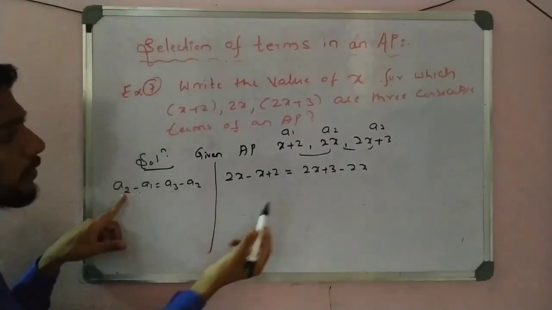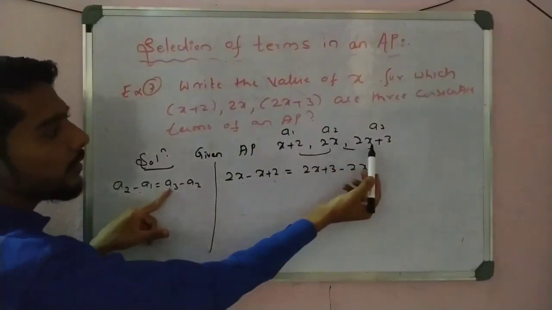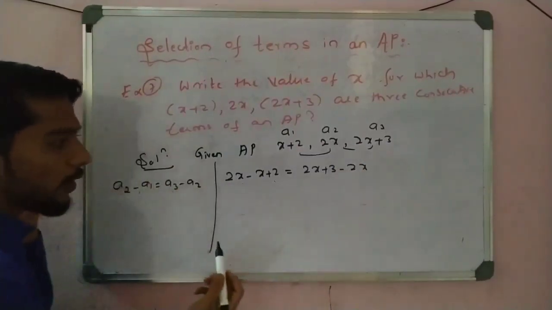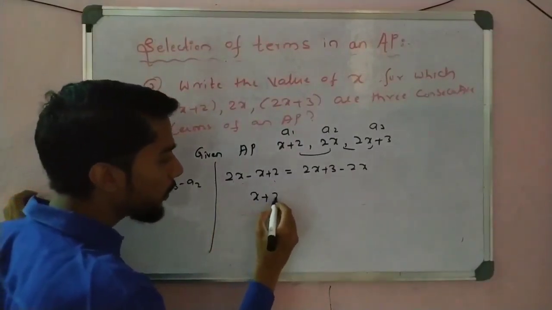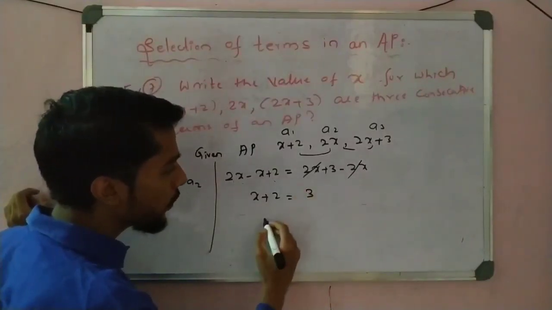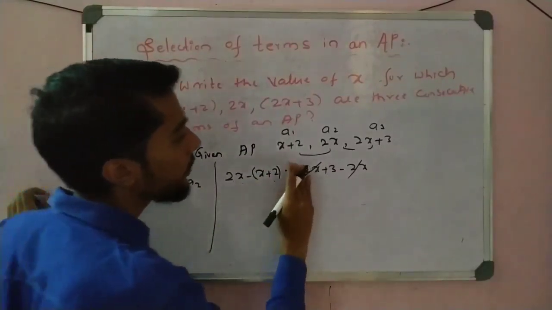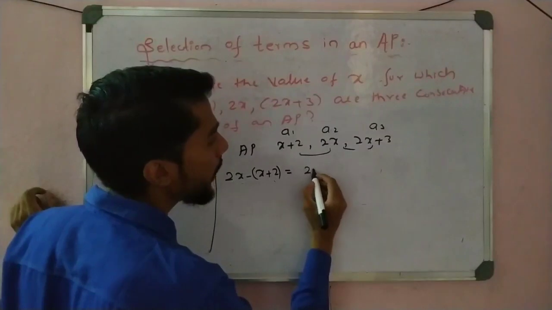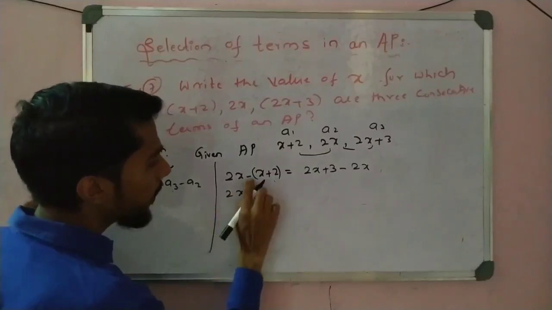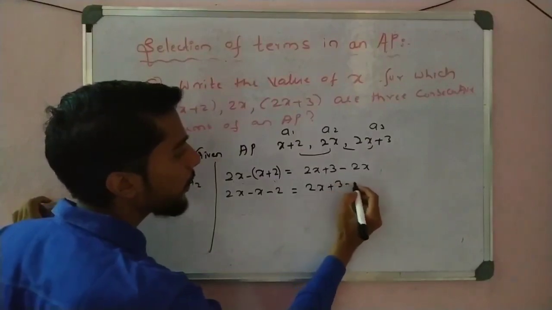So A2 is nothing but 2x, A1 is nothing but x plus 2, A3 is nothing but 2x plus 3, and A2 is 2x. So solve here. I can make a bracket here, so do not make a mistake: 2x minus (x plus 2) is equal to 2x plus 3 minus 2x.